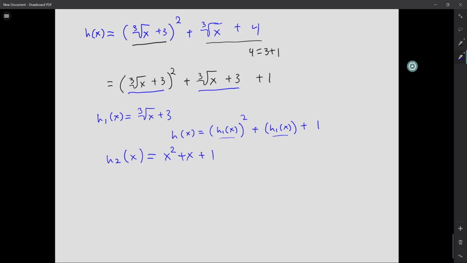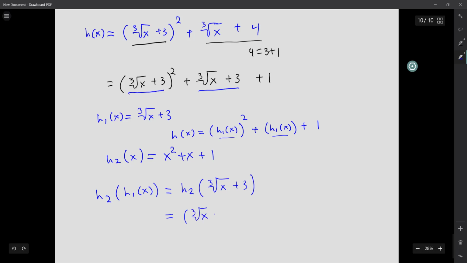And sure enough, if we were to check this, h2 of h1 of x is equal to h2 of cube root of x plus 3, which is exactly, if I replace x in h2 with the cube root of x plus 3, I'll get cube root of x plus 3 squared plus cube root of x plus 3 plus 1, which is exactly what we started with.